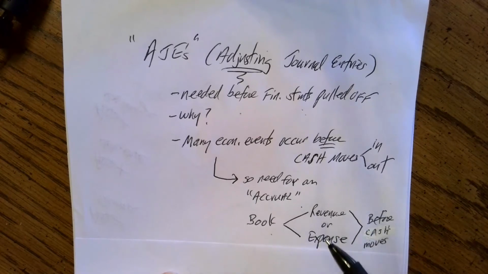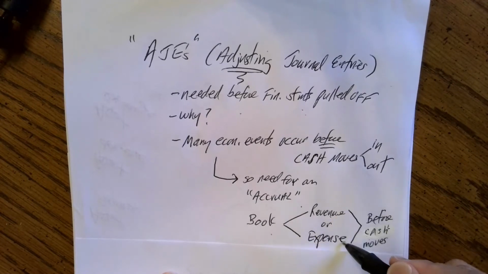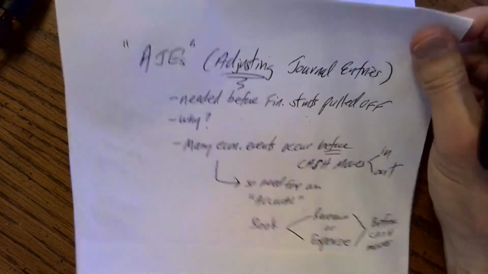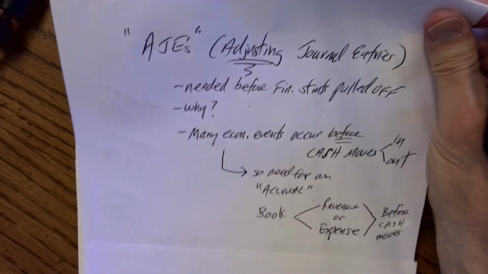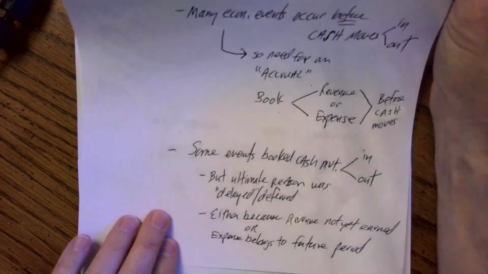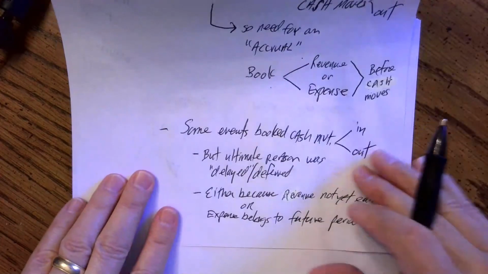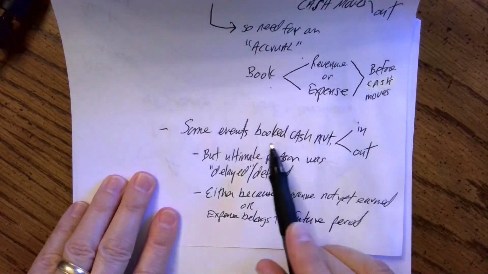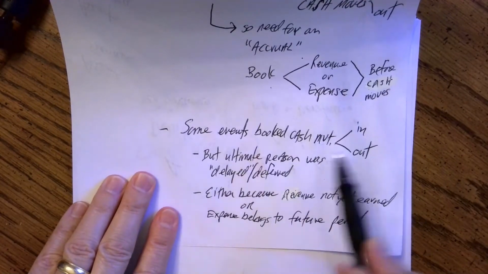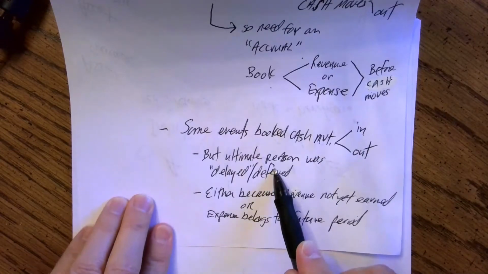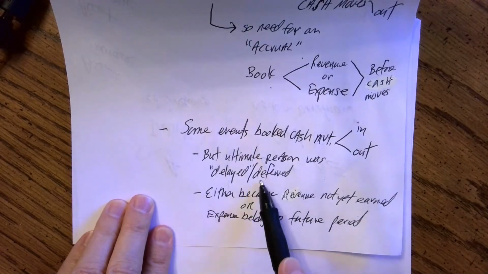So we're going to make some accrual adjustment entries at month end or period end to ensure that either revenue and expense are properly stated. Another reason we do adjusting journal entries is that some events in a company's life are booked, they book cash movements, either in or out, that cash comes in, but the ultimate reason is delayed or deferred.